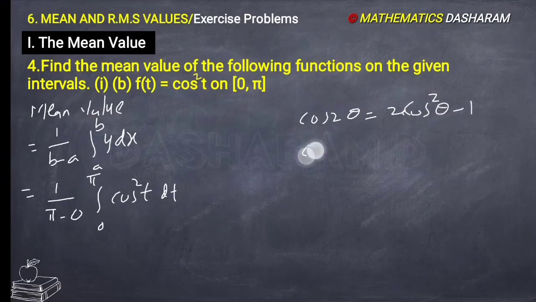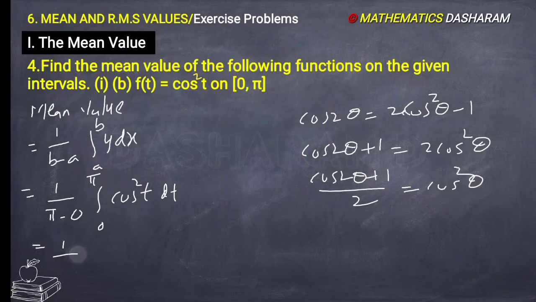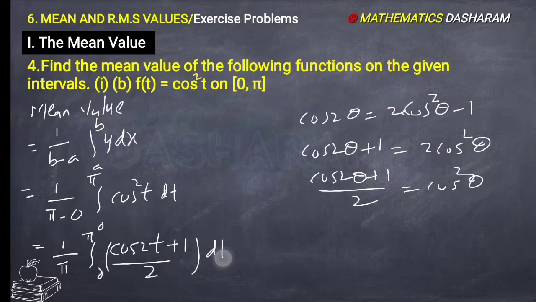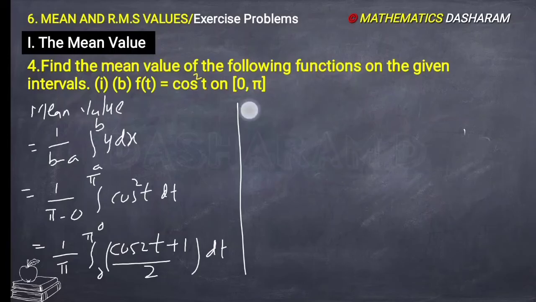So here cos 2 theta equals 2 cos squared theta minus 1, then cos 2 theta plus 1 equals 2 cos squared theta. Cos 2 theta plus 1 divided by 2 equals cos squared theta. So then 1 by pi integration 0 to pi, cos squared t can be written as (cos 2t plus 1) by 2 whole dt. So now it is equal to 1 by pi.